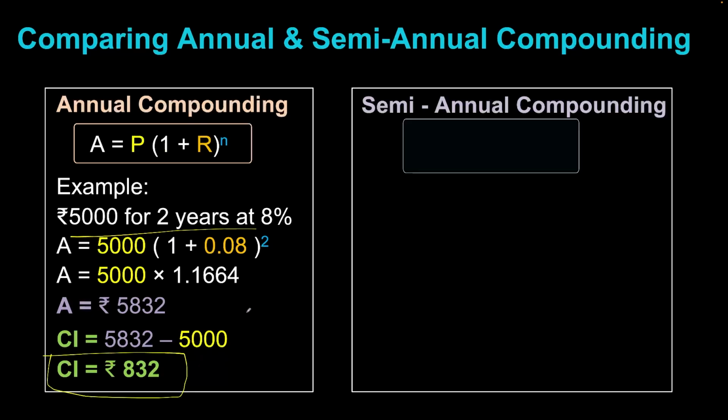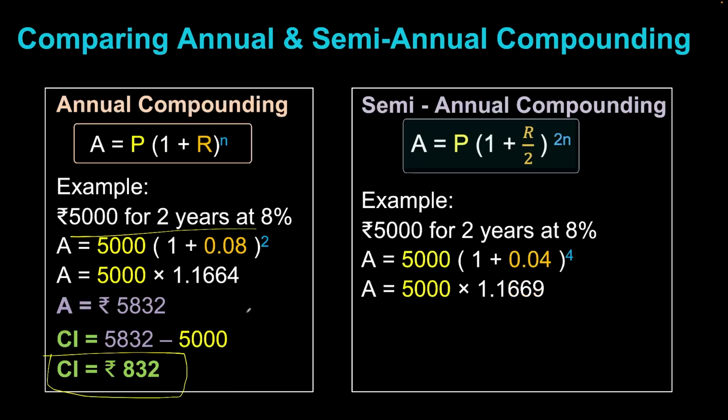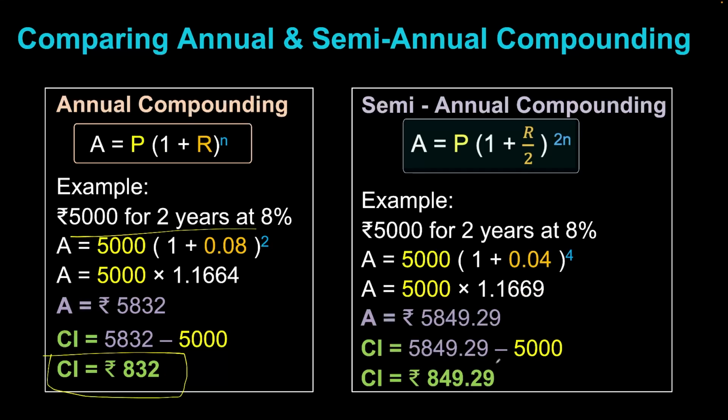But in the case of semi-annual compounding with the same parameters, 5,000 in 2 years, 8%, we will get 849.29 rupees. As you can see, this is around 17.29 rupees greater. If your amount is big, you will actually make much bigger difference. But most banks in the world only offer annual and not semi-annual, which is unfortunate.